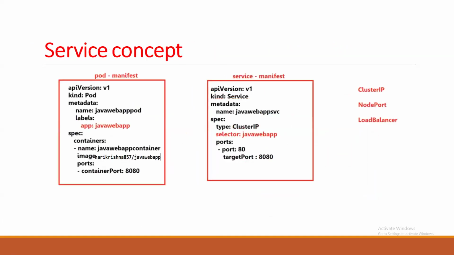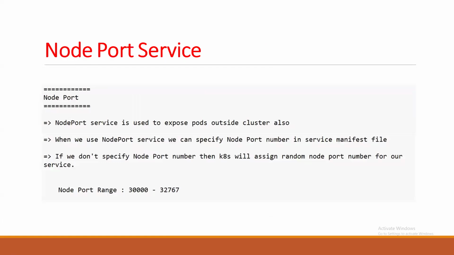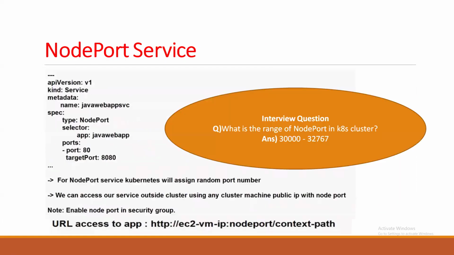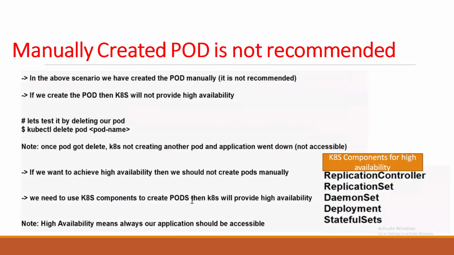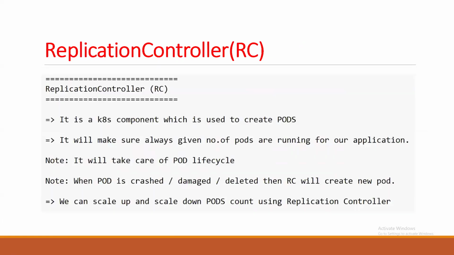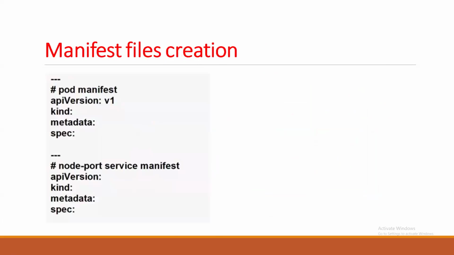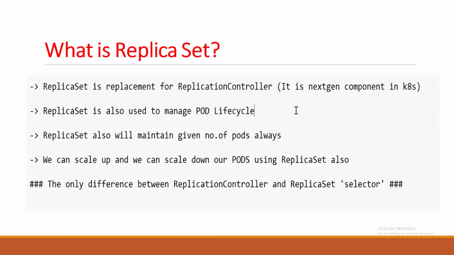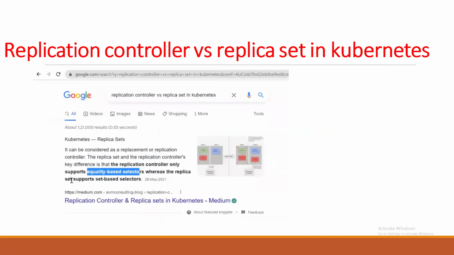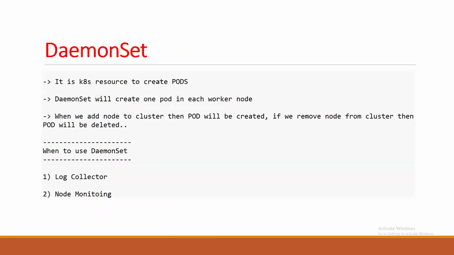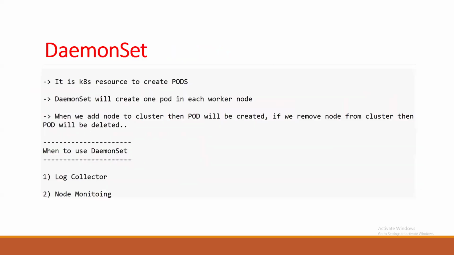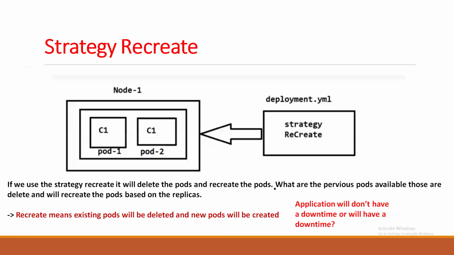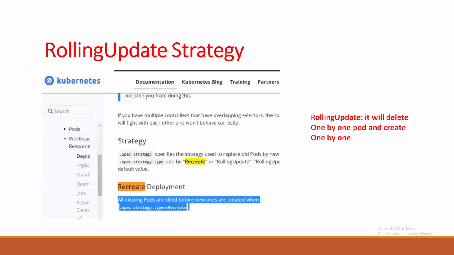Manually created pods, what the replication controller is, scale down, manifest file creation, replica set, and the difference between them and the replication controller. What the ELK architecture is, what the daemon set is, pod creation, deployment status and all types of status: create, recreate, rolling update.